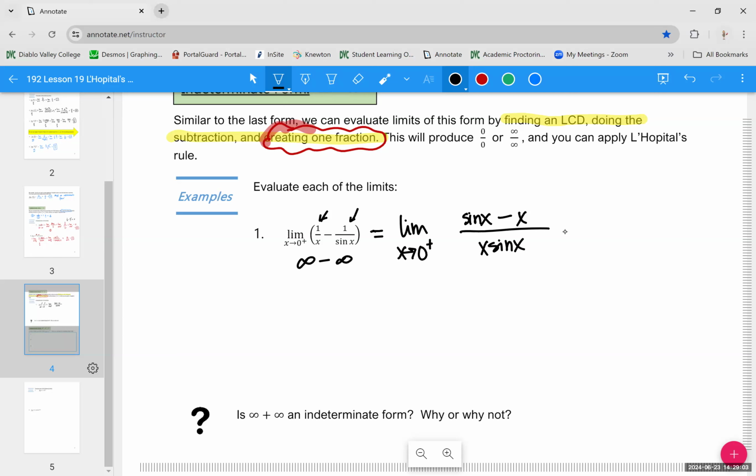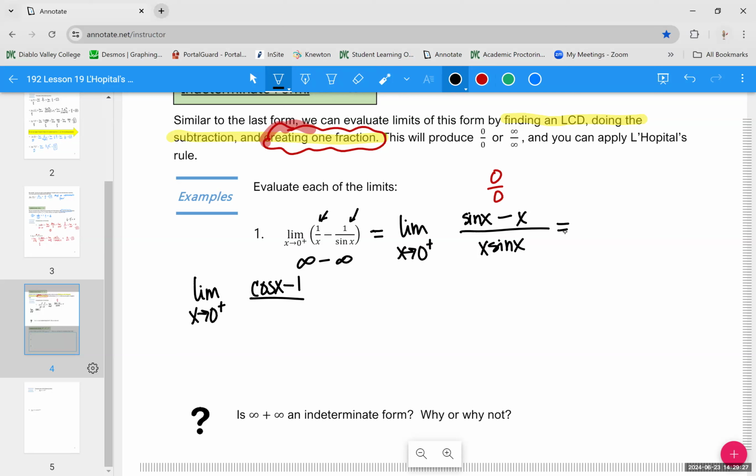So what happens now? If we plug in 0, I will have sine of 0, 0, minus 0. So this is a 0 on top and 0 on the bottom. So we're going to apply L'Hopital. Take the derivative of the top.